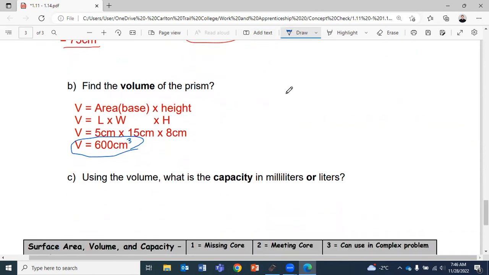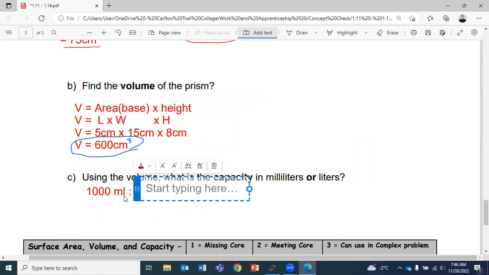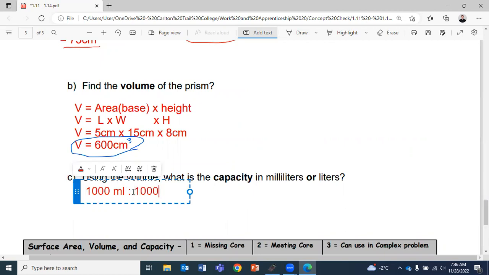Now, using volume, what's the capacity in milliliters or liters? Question C. I know that 1,000 milliliters is the same thing as 1,000 cubic centimeters. This is on your formula sheet if you missed that day. So it's a 1-to-1 ratio, right?